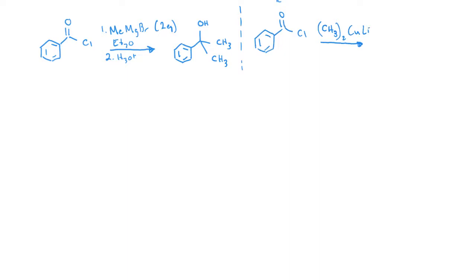That gives me the lithium dialkyl cuprate that we call the Gilman reagent. And we're going to attach one of those methyl groups onto the carbonyl carbon, displacing the chloride to get us a methyl phenyl ketone, like this. So that is a pretty complete list of the reactions that are interesting with acid chlorides.